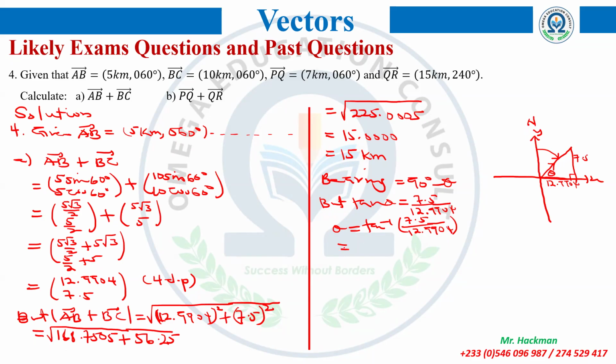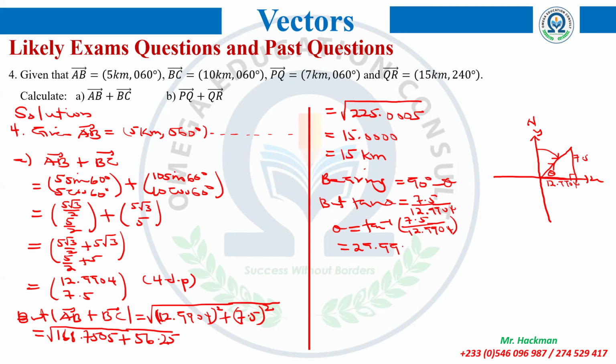So I'm waiting for theta. 29.99996. How many nines? Four nines and a 6, after the decimal point.